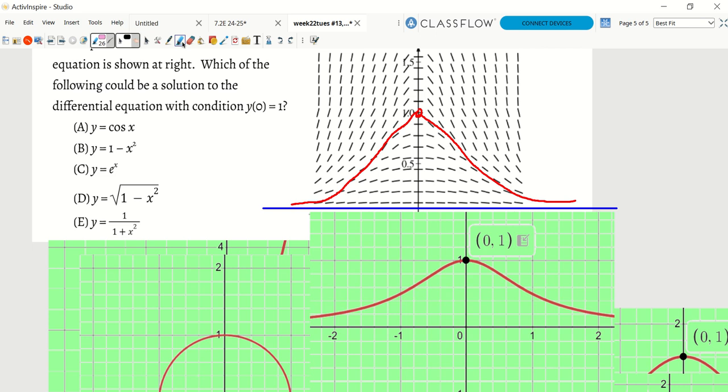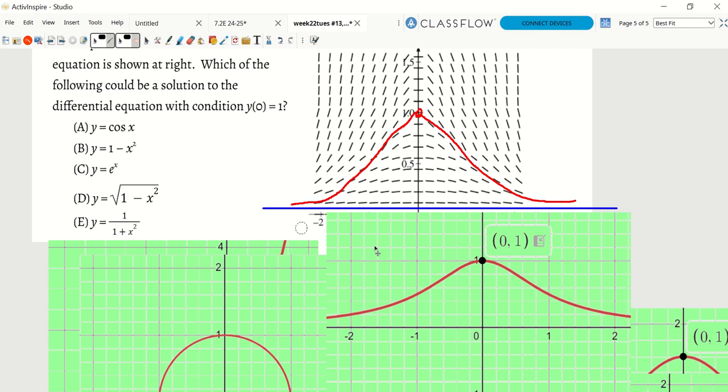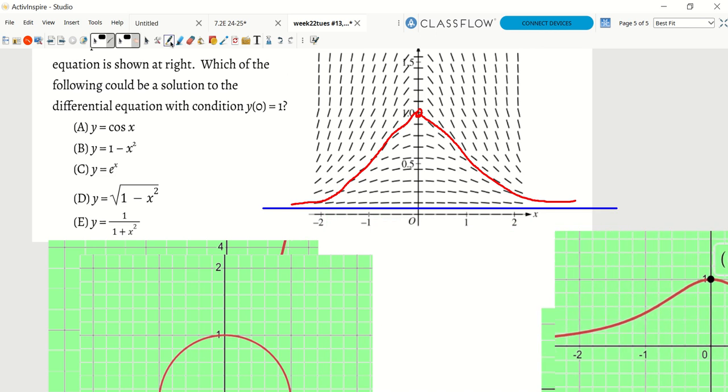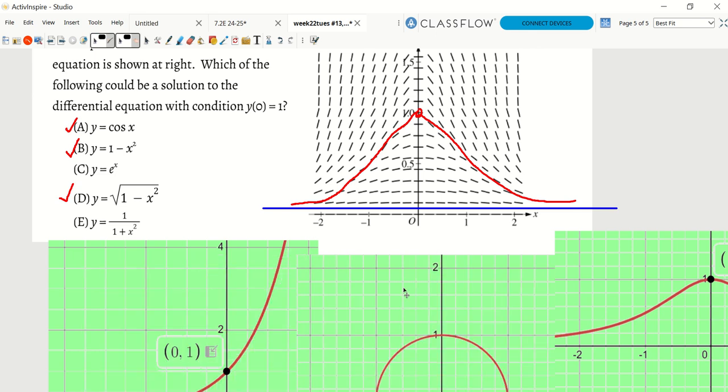Now, if all else fails on the AP exam, if you don't know the graph, just start plugging in numbers and graph the rough trend. These you should know by heart right here. This is a sad face parabola that cuts all the way through, whereas there's an asymptote, so it can't be B. This semicircle, you should know that.